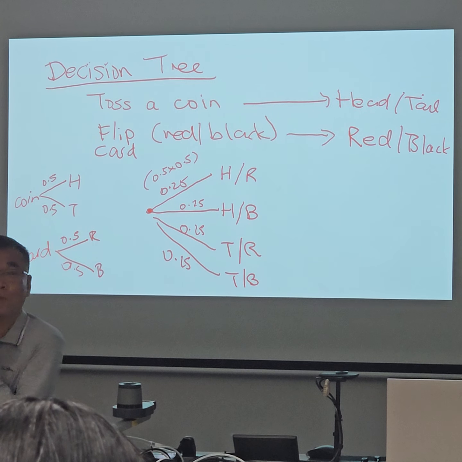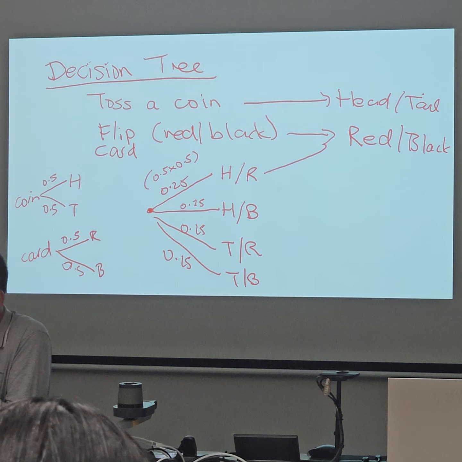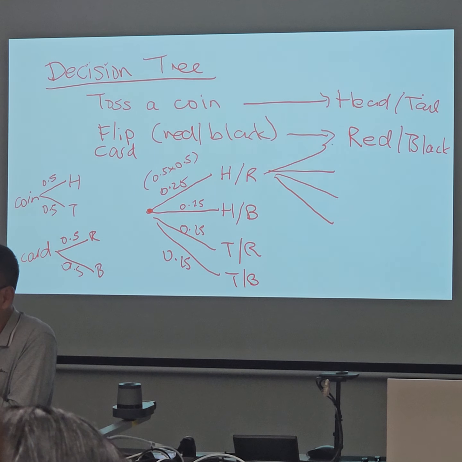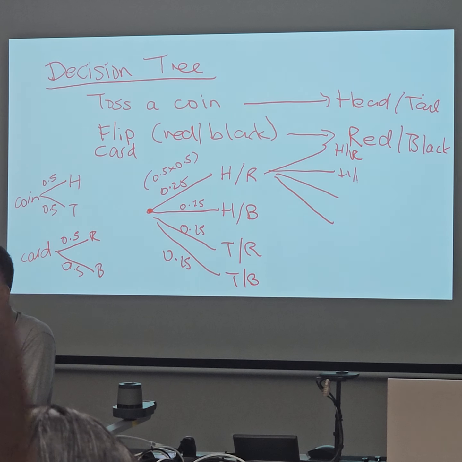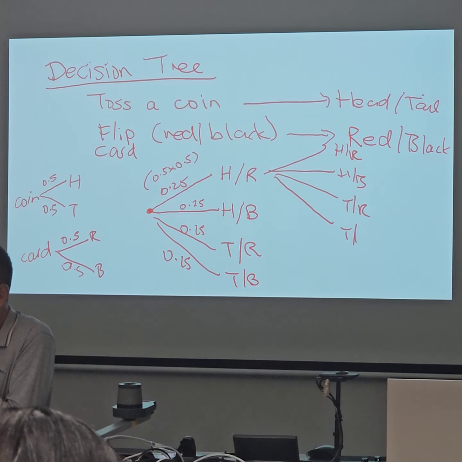So I repeat this one more time. Okay, that means what? Can you see? The next try I got a head red, I got a head blue, I got a tail red, and I got tail blue. Understand?